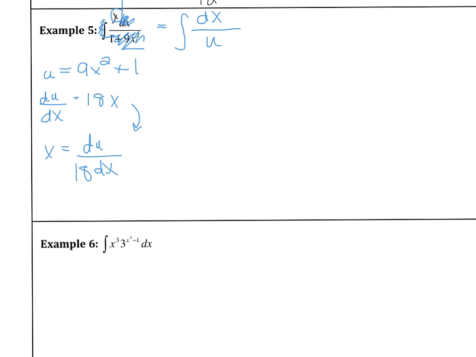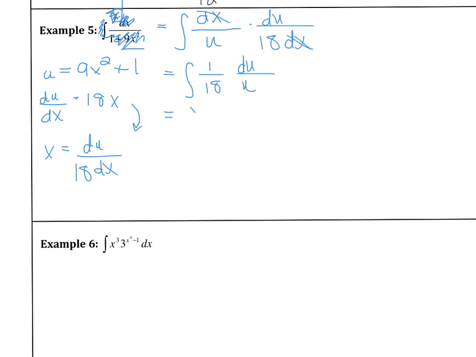So that's what I will pop in here for x. Everybody's accounted for. The dx's cancel. So really, this is actually 1 over 18 du over u.